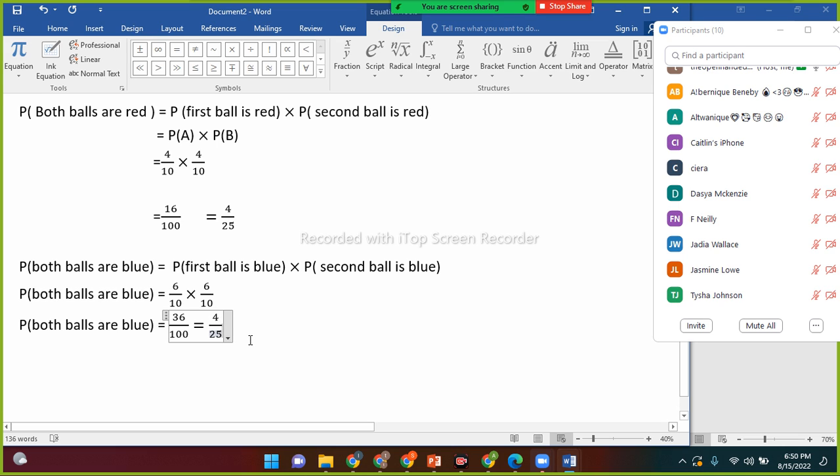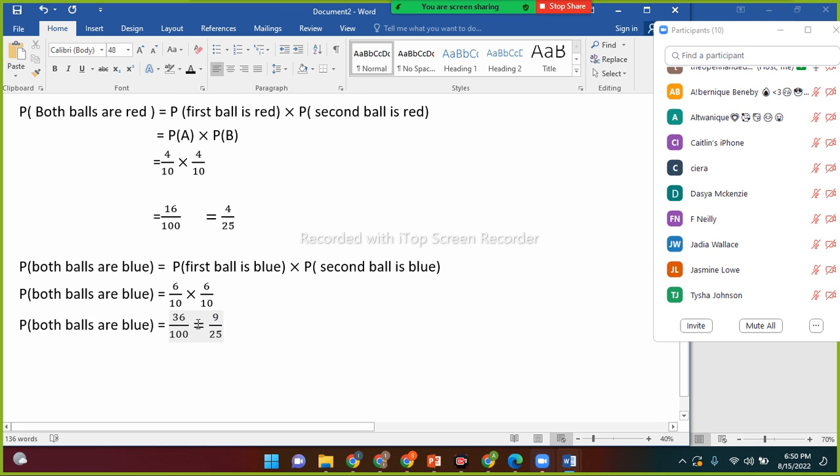And the reason why, not 4, 9 over 25. Because if we divide top and bottom by 4, 36 divided by 4 is 9, and 100 divided by 4 is 25, so it's 9 over 25.